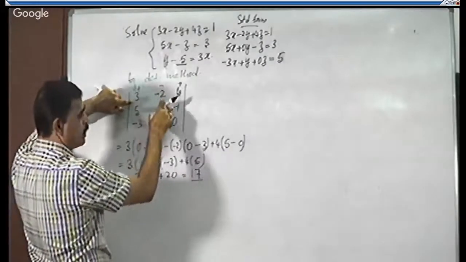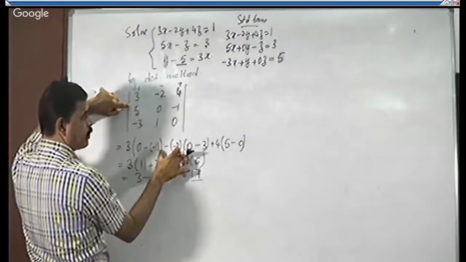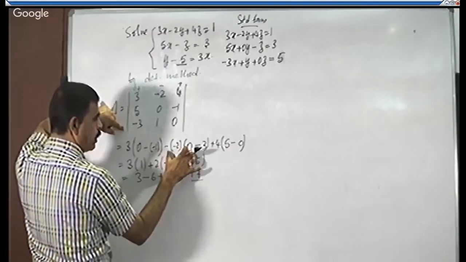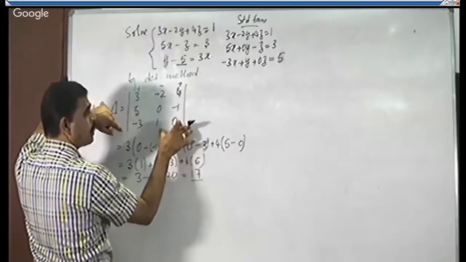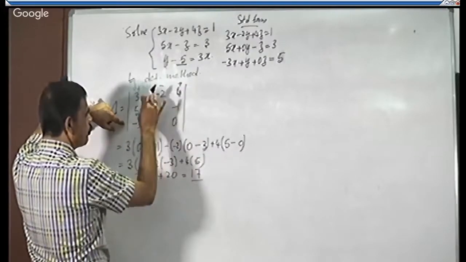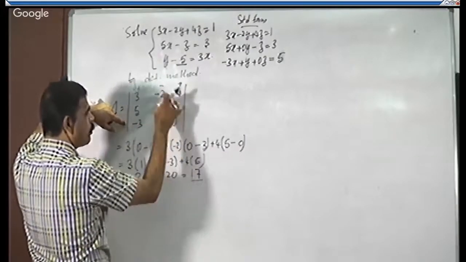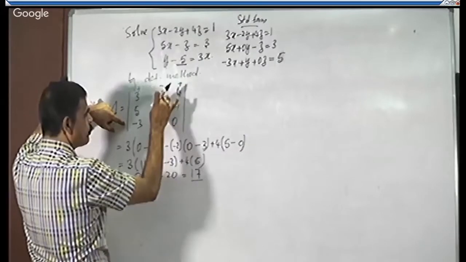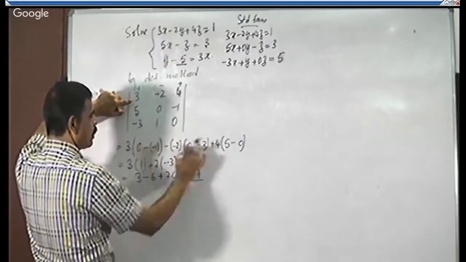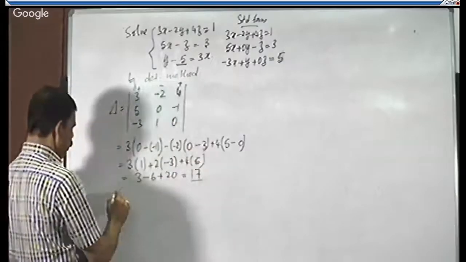After practicing, you can write this step directly. Suppose you have a doubt in writing this, you just follow the regular procedure. How to write it? 3 into, leave the column and row, write the determinant, minus of minus 2 into determinant, plus of 4 into determinant, then write this. Okay. Delta x.